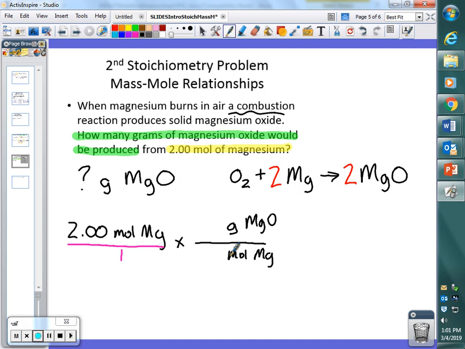But here's the problem. When we put moles out there, we're counting. Moles is a number of things. And it doesn't matter what we're counting, we always have the same number of things. But grams is a weighing thing.